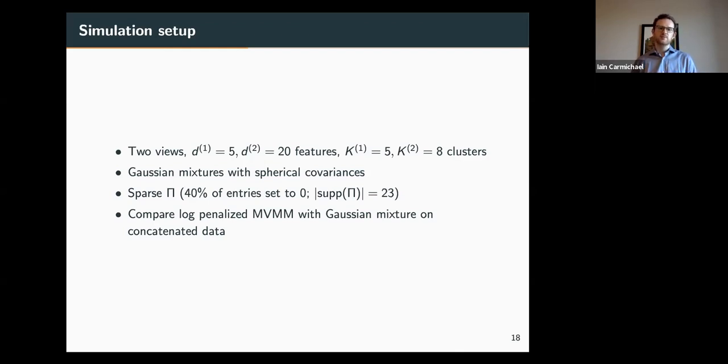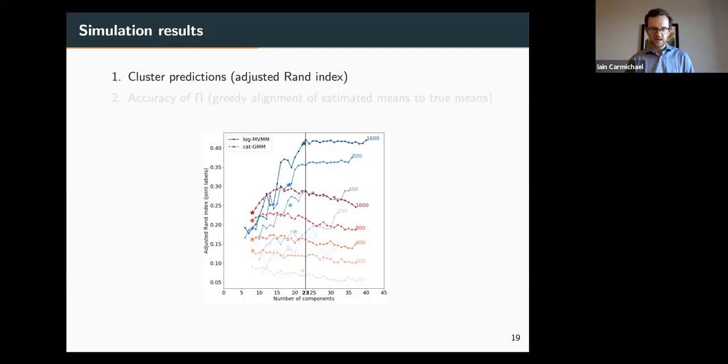We're going to compare the log penalized mixture model with fitting a Gaussian mixture model on the concatenated data. And we're going to evaluate the simulation in 2 different ways. First, we're going to evaluate how well it predicts the cluster labels after fitting the model.